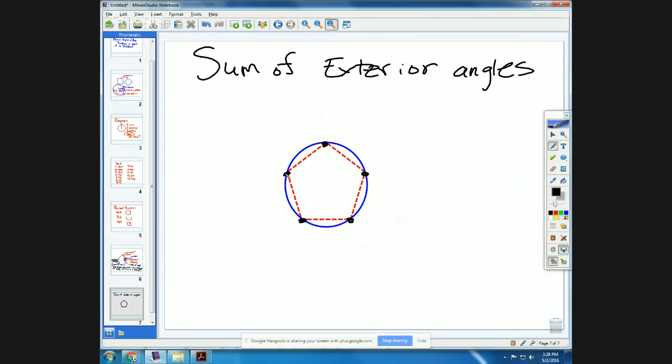And consider two things here. One, walk around a circle. Through what angle do you turn?